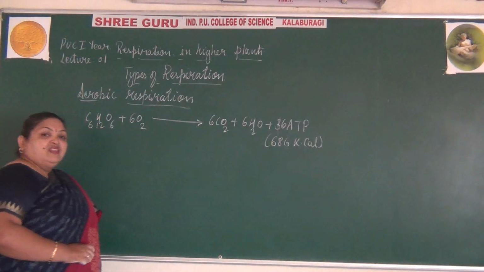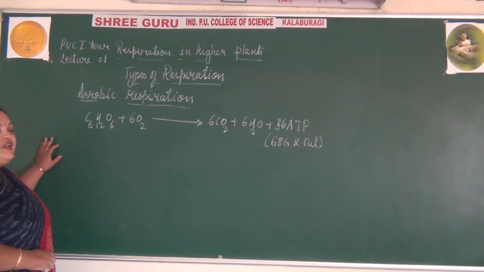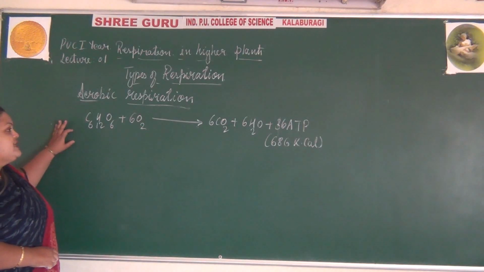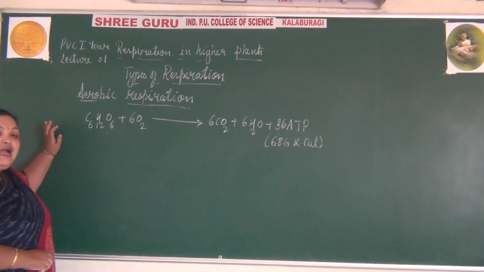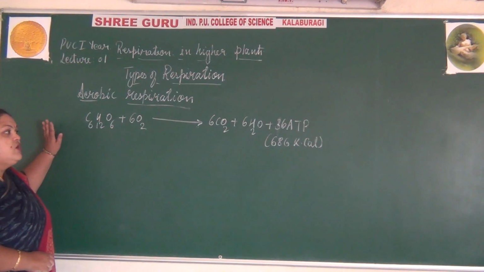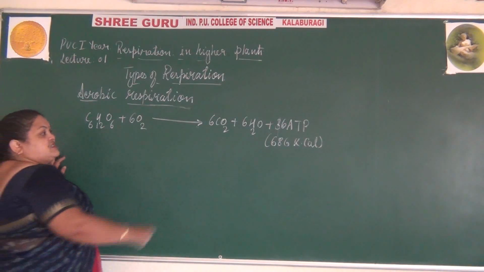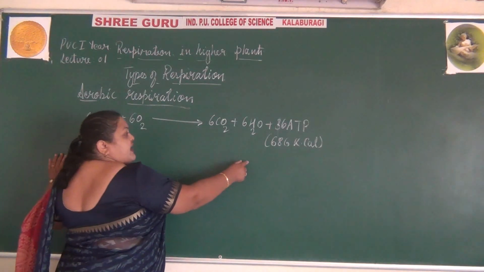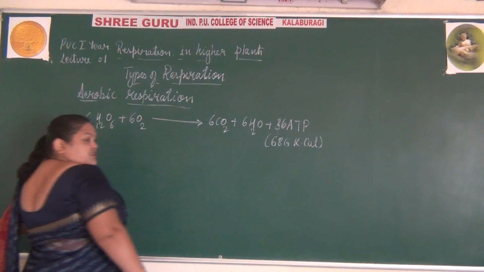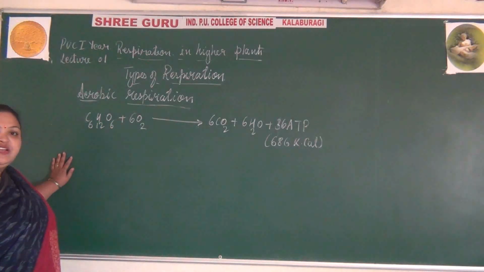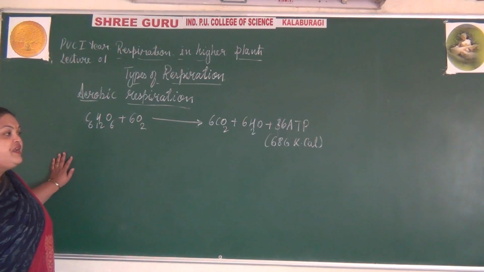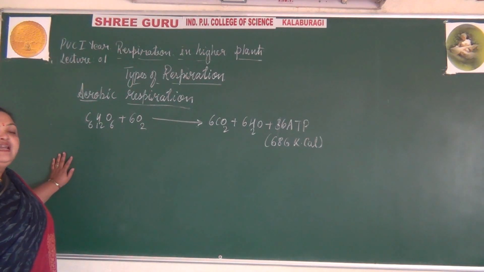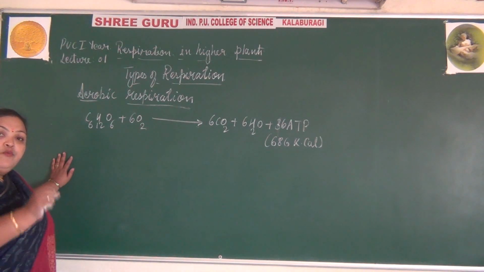So here in this process of aerobic respiration, a complex molecule of glucose reacts with oxygen, or it gets oxidized to release carbon dioxide and water with the energy. How much energy is released? 36 ATP molecules, that is equivalent to 686 kilocalories.